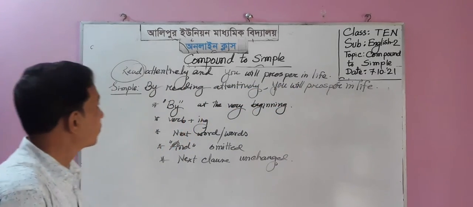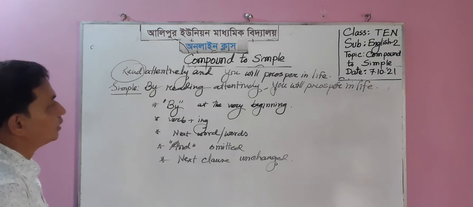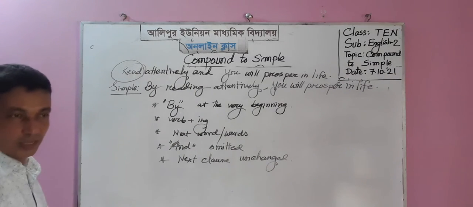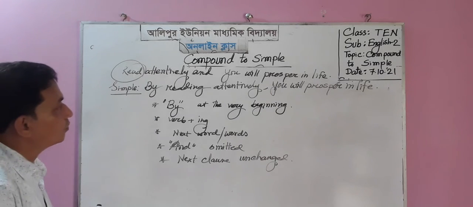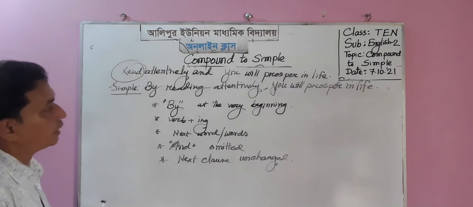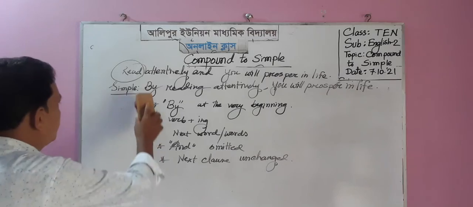So dear learner, this is one kind of rule using an imperative sentence. And now I am going to explain another kind of imperative sentence using "or", not "and".